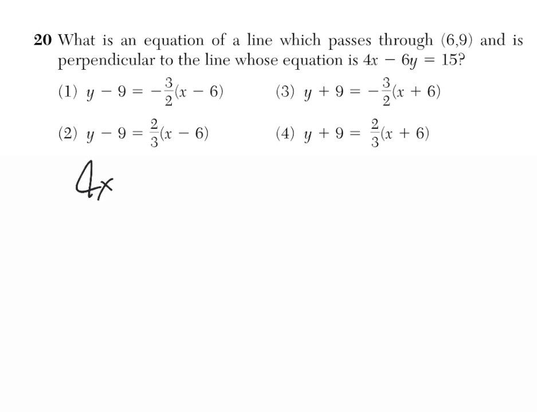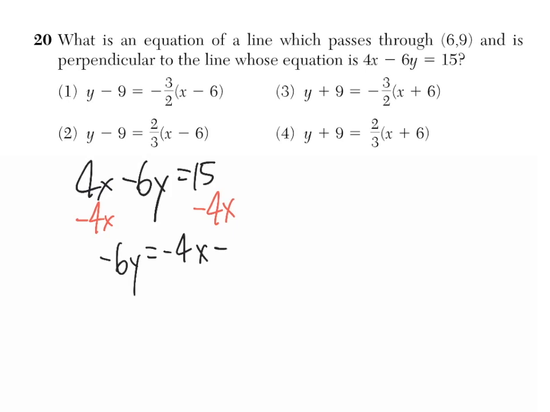The first thing I'm going to do, however, is rewrite this equation. So 4x minus 6y equals 15, and we're going to subtract 4x from both sides because we need to, of course, isolate the y. So we've got negative 6y equals negative 4x plus 15.